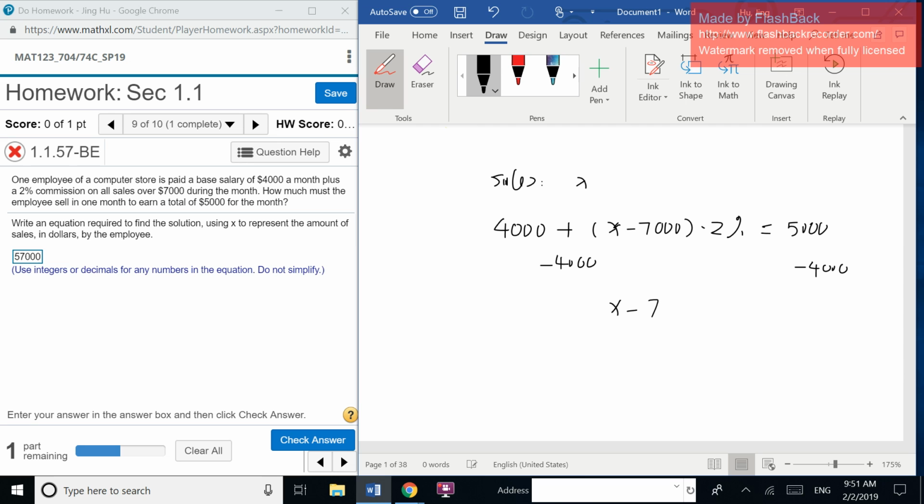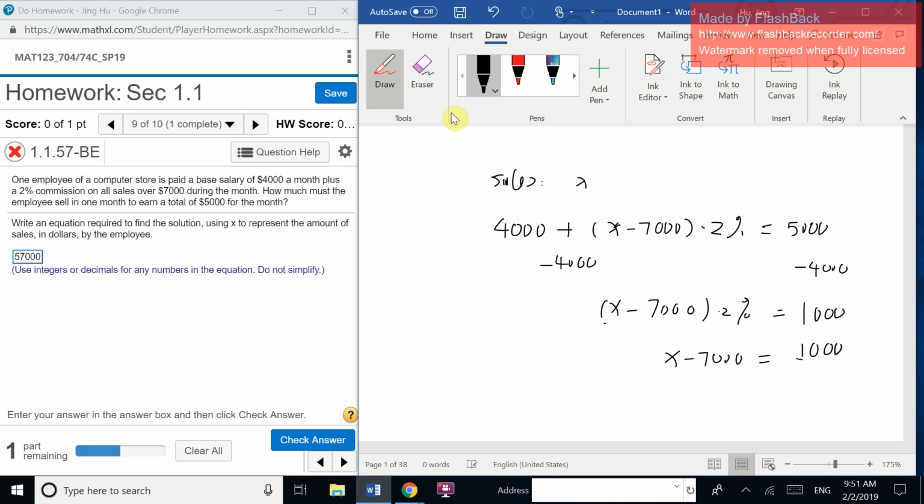plus for sales over 7,000, you get 2%. And if this month they earn 5,000, how many sales is the x value?